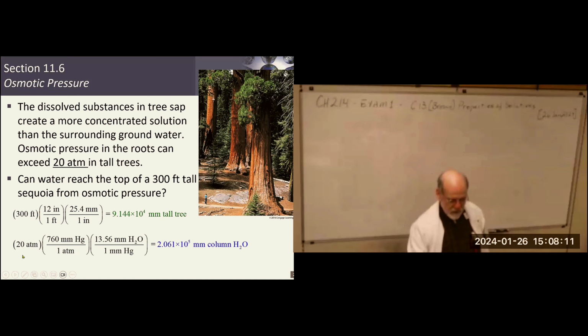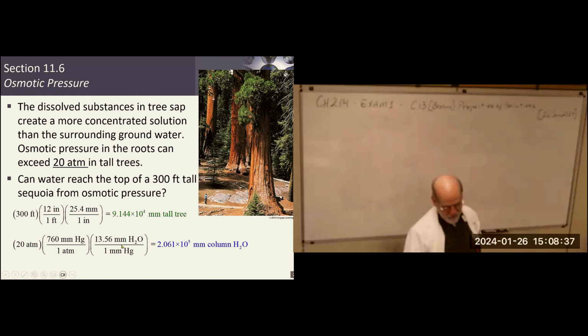Then we say, with 20 atmospheres, convert 20 atmospheres to millimeters of water. An atmosphere is 760 millimeters of mercury. But mercury is 13.56 times as dense as water. So the water is going to be pushed 13.5 times further. So that's where this correction factor comes from.